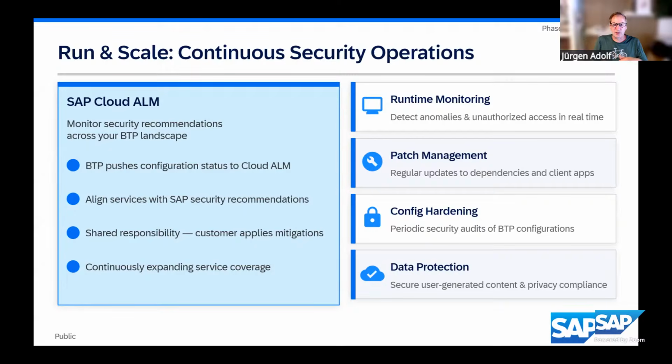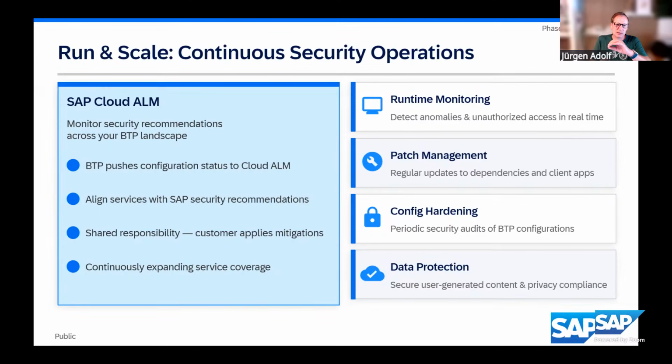SAP pushes the configuration status of your services directly to Cloud ALM, so you can monitor alignment with SAP security recommendations, for example, across your entire landscape in one place. As you know, we have security recommendations, which is part of how we help you to configure every service securely.